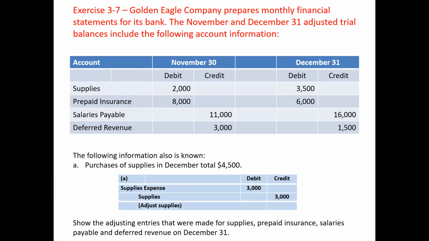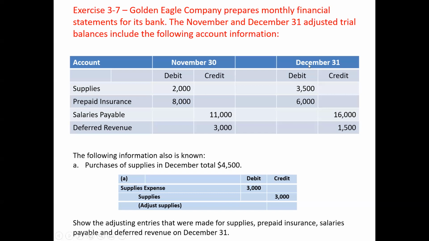Does that make sense? This is the November 30th trial balance. To get to the December 31st trial balance, we take the supplies account of 2,000 and add 4,500 because we purchased 4,500 during the month of December. So 4,500 plus 2,000 is $6,500.